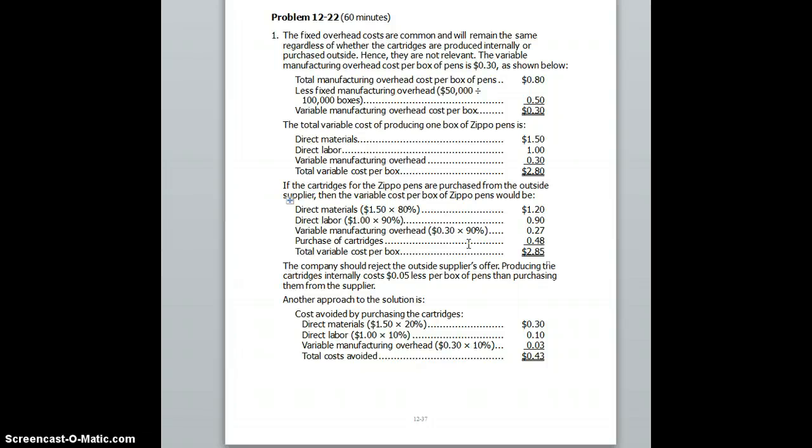So the amount of manufacturing overhead which is fixed per box is 50 cents. The total manufacturing overhead per box is 80 cents. If we subtract the 50 cents of fixed overhead from the 80 cents of total overhead, we arrive at the 30 cents per box of variable manufacturing overhead.